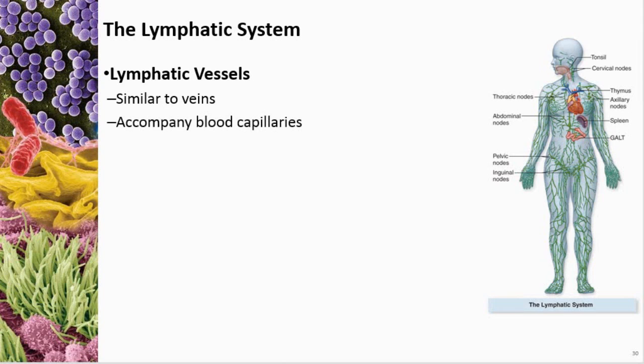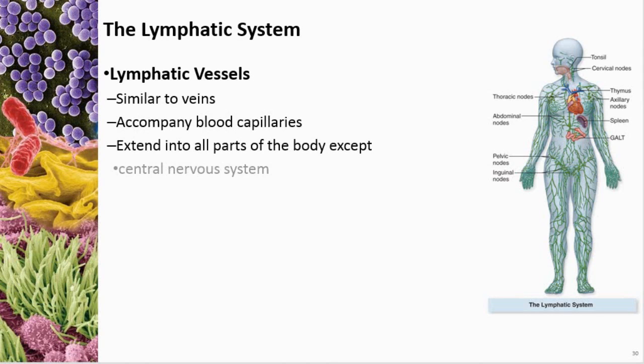Anyway, so they often accompany blood capillaries. So where you see a capillary bed in your blood circulatory system, you will also pretty much always see a lymphatic capillary bed. So they're in all parts of your body except they are not in the central nervous system, they are not in the bone, not in the placenta, and they are not in the thymus.